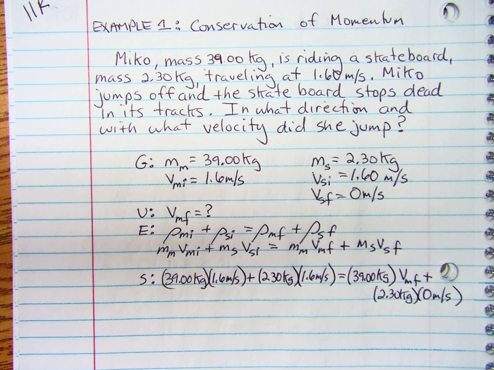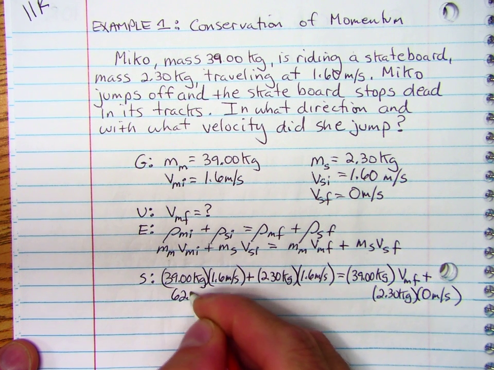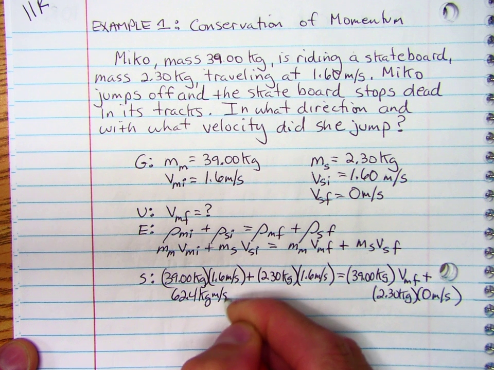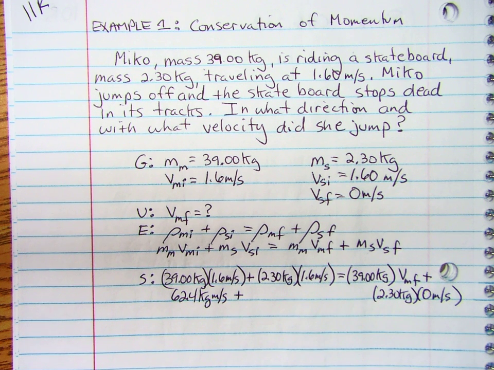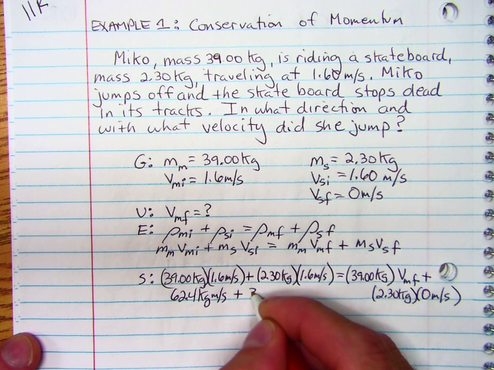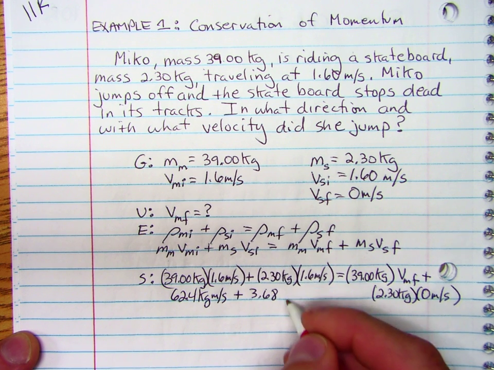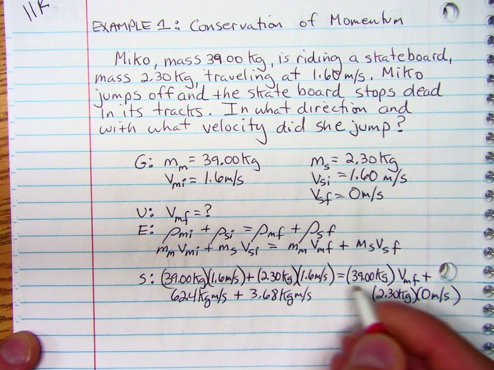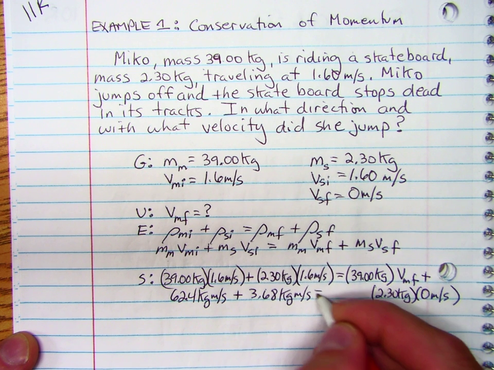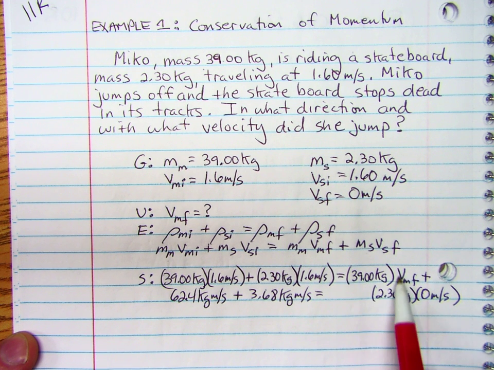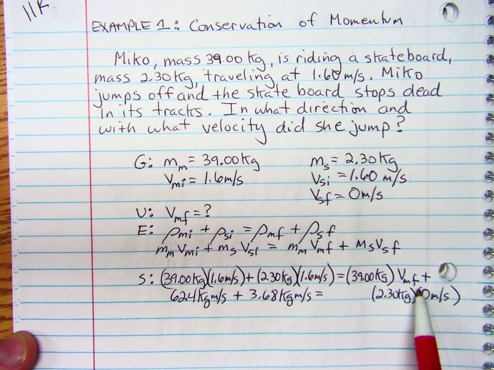So first of all, I have 39 times 1.6 gives me 62.4 kilogram meter per second, plus 2.3 times 1.6 is 3.68 kilogram meter per second, equals 39 kilogram times the velocity of Miko finally.